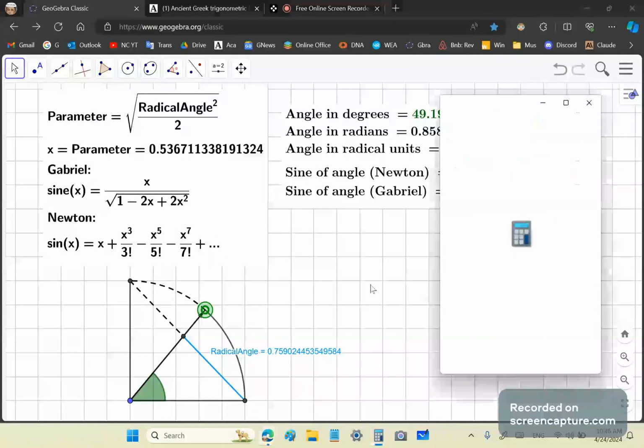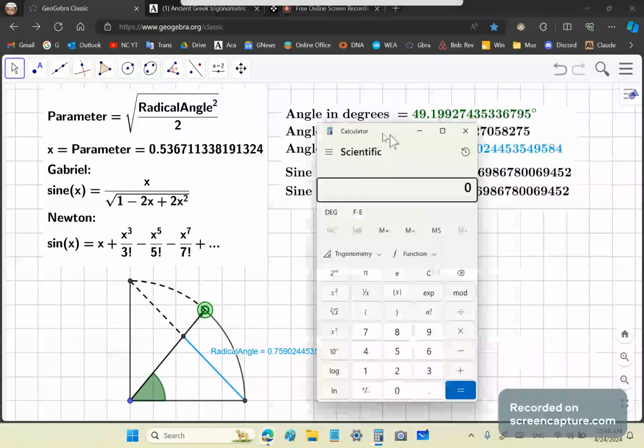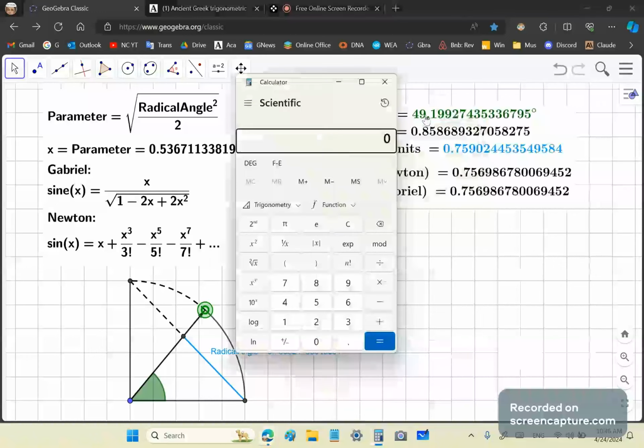And if you don't believe me, let's do a little test. We're saying that we want the sine of that. So we could say 49.1, and it doesn't matter whether you do it in degrees or radians. 992743533.